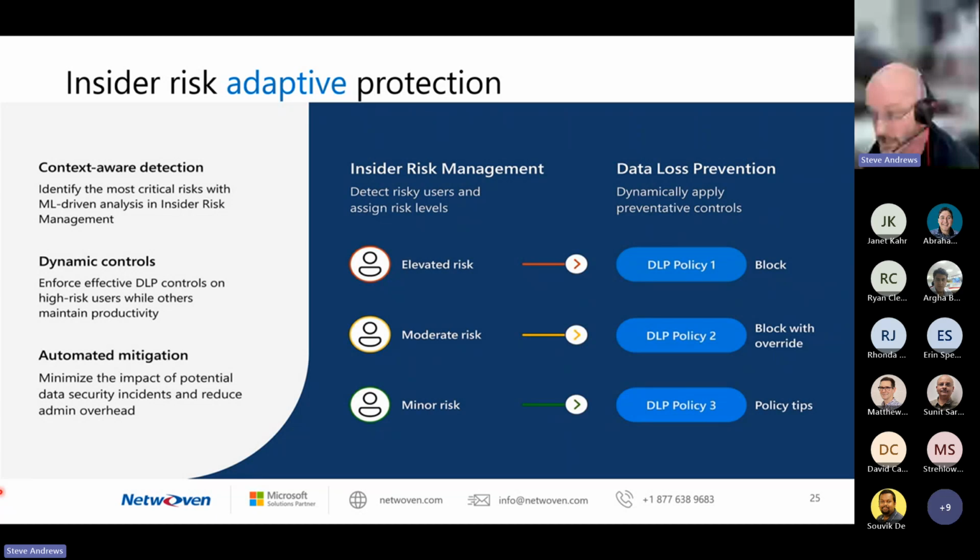As a user's risk level increases or decreases, the appropriate policy is assigned to them depending on the change in that risk level. And so it helps you detect where the critical risks are, and it's context aware when it comes to the detection. Machine learning is leveraged here with the analysis of both the content and the user activities. And so we can enforce effective controls on these high-risk users, which is very fluid and dynamic, but not affect other users who are not part of this high-risk area.